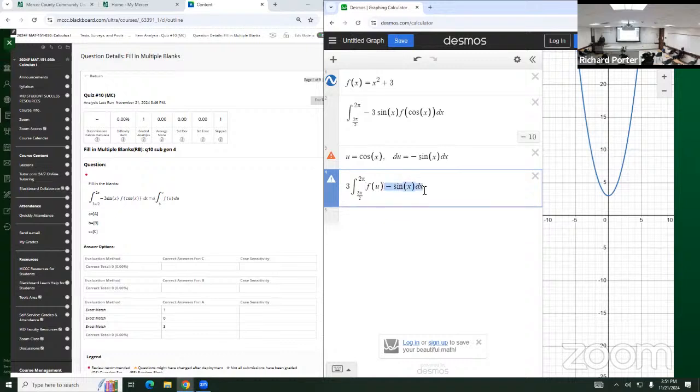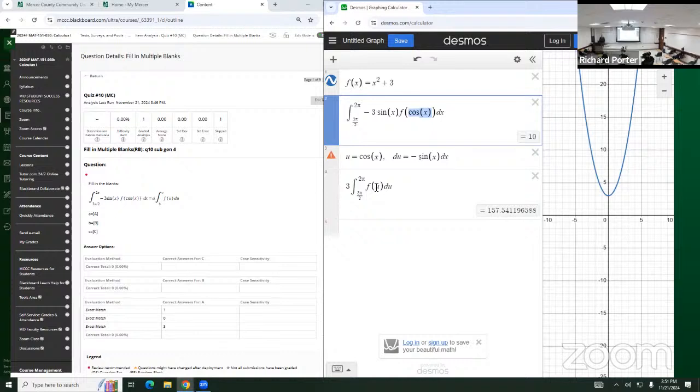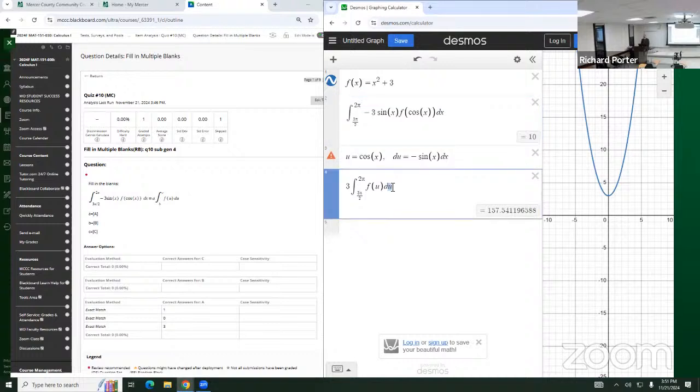So now I have minus sine of x dx. Isn't that just equal to du? So I can replace all of that with the du. Now I've replaced the cosine with the u. I've replaced the sine of x dx and the minus. They all went into the du. And that 3 just went out front.